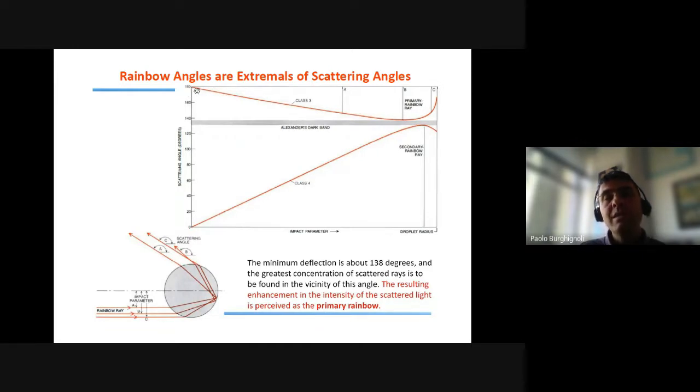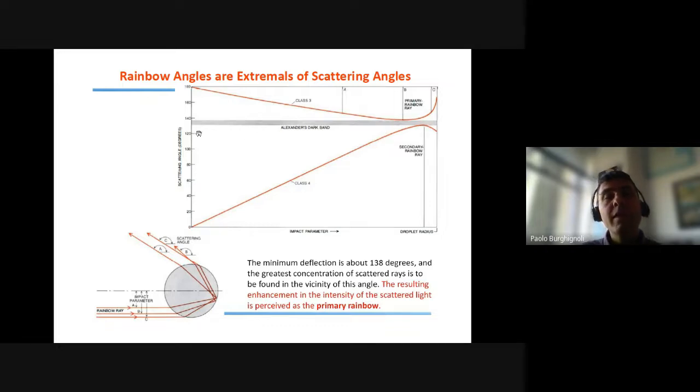You will see that this curve has a minimum, and the minimum occurs at the impact parameter B here, that gives rise to the scattering angle equivalent to the angle of the primary rainbow. Whereas if you consider class 4 rays, you will see that the curve is the red one here below, and it has instead a maximum that corresponds to the secondary rainbow ray.